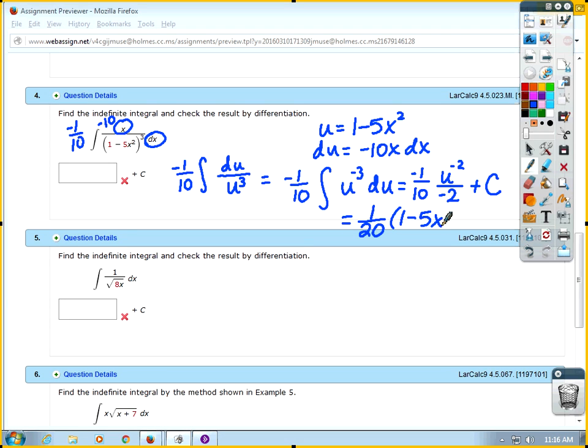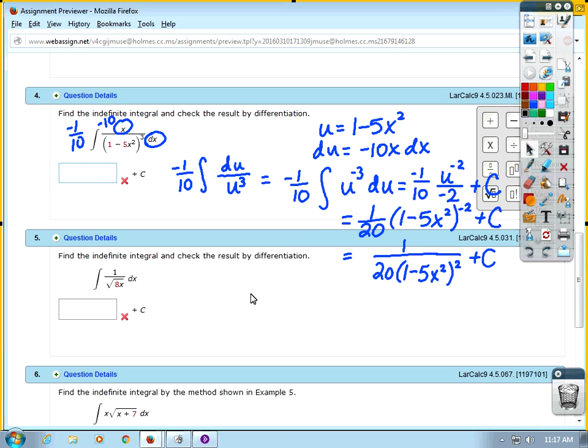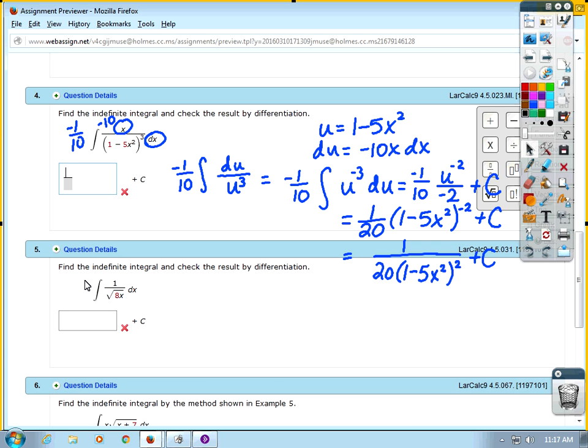You could leave that with the negative exponent, and WebAssign will accept that, or if you want to drop it to the denominator and make it positive, we would have 1 over 20 times (1 minus 5x squared) squared, plus c. More than likely on a multiple choice test, the answer would be rewritten with a positive exponent. So that's something you need to make sure you know how to do.